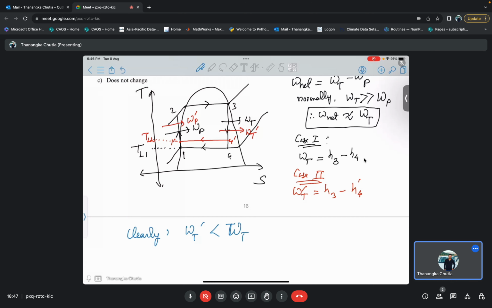Why? Because you can see this gap is basically your WT, and this gap is your WT dash.